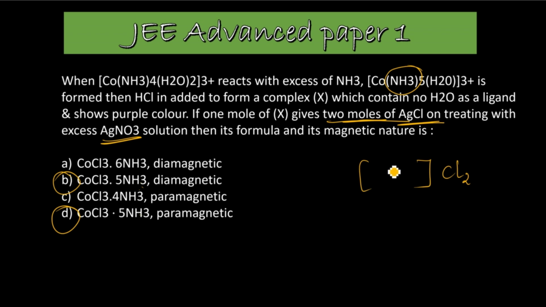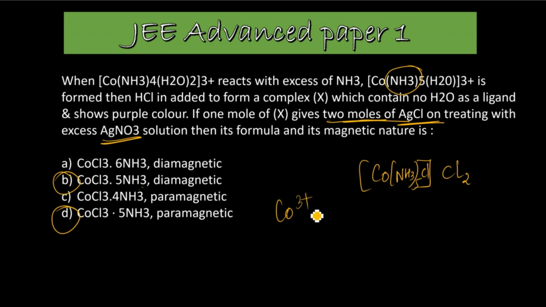So I am writing it as a coordination complex, which is Co(NH3)5Cl. While finding the oxidation state and the magnetic moment, you can see ammine is a neutral ligand and then only we have Cl. So the cobalt oxidation state becomes 3 plus.